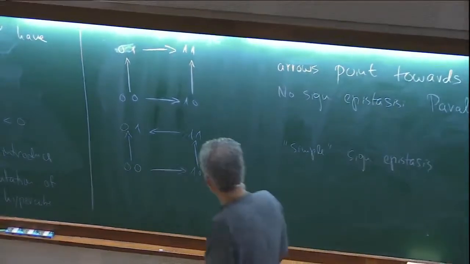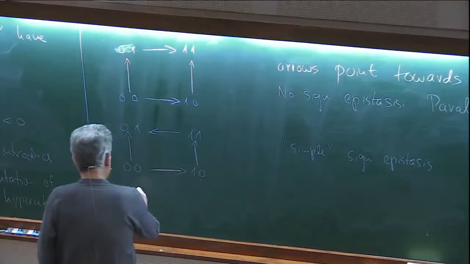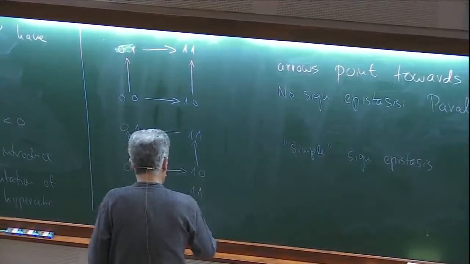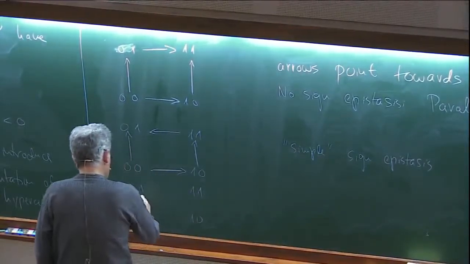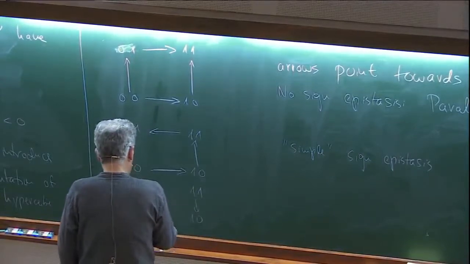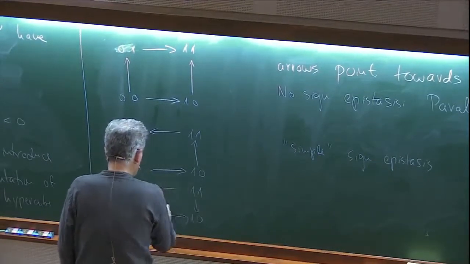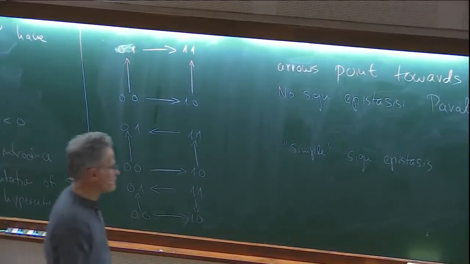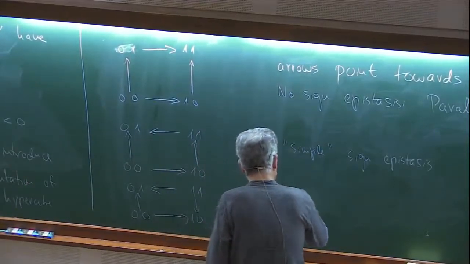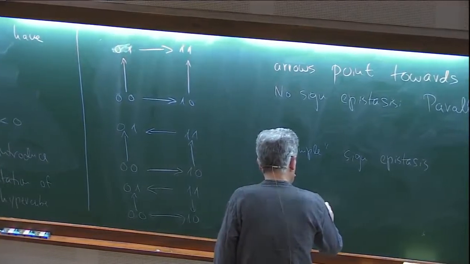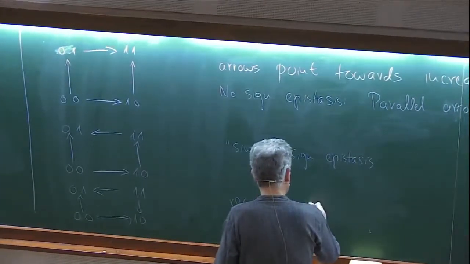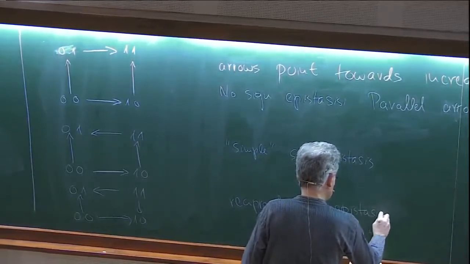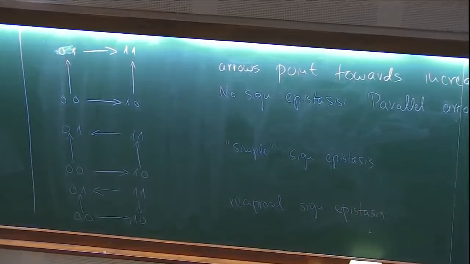But then I can also have the situation that the graph looks like this. So here I go up, and here I go down, and here I go to the right, and here I go to the left. And this would now correspond to reciprocal sign epistasis. Okay.